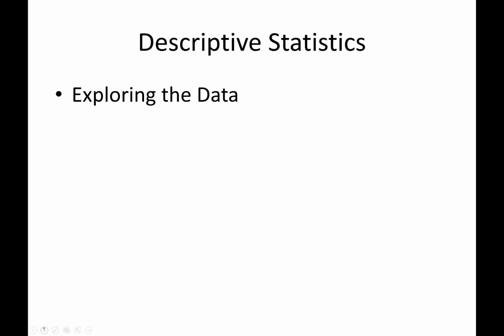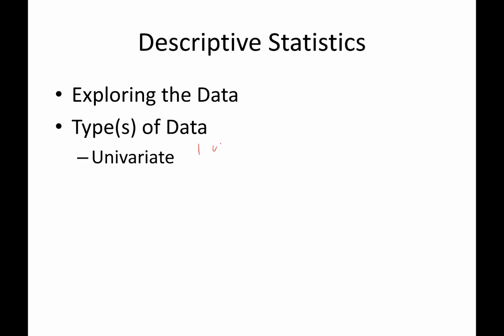With descriptive statistics, one thing we're always going to use them for is exploring the data, looking at each of our variables. Then we look at techniques we use for specific types of data. For univariate data, we're looking at just one variable by itself. Or if we're looking at multivariate data, that's more than one variable.